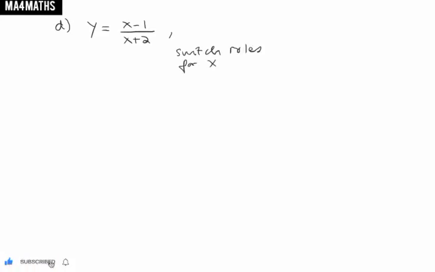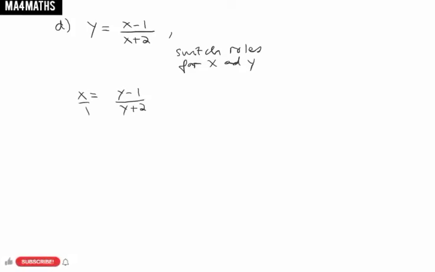So I am going to go to the next page, and we're also going to do part D. We have y equals x minus 1 over x plus 2. So the first step is to switch roles for x and y. So we'll have x is equal to y minus 1 over y plus 2.